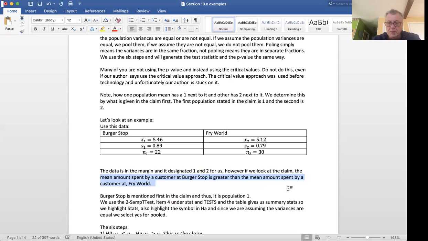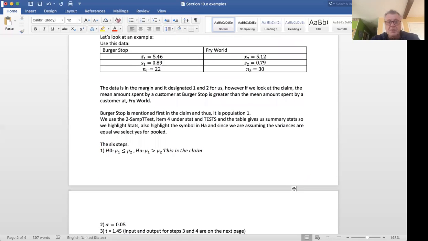Okay. So I'm going to look at that, and I'm going to perform the hypothesis test. So this hypothesis test requires the same 6 steps. The only difference is how we calculate that test statistic, because we have 2 populations, and also the symbols in the null and alternative hypothesis, and that we have the mu1 and mu2.